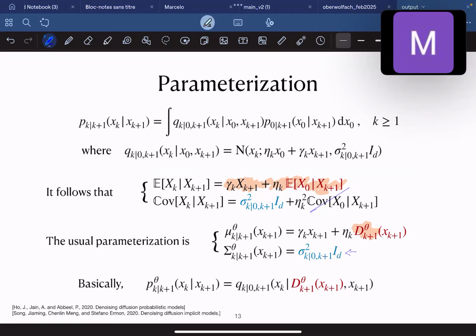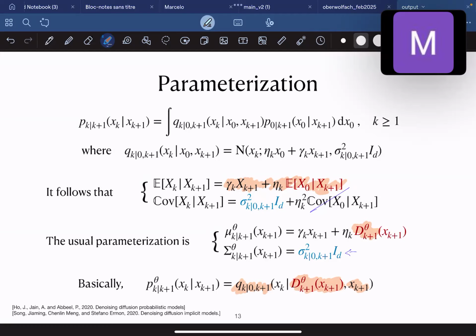So if you do this parameterization, what you make as approximation for the conditional distribution of xk given xk plus 1 is simply equivalent to taking the bridge of your original Markov chain, the conditional distribution of xk given x0 and xk plus 1, and changing x0 in the conditional bridge with the denoiser applied to xk plus 1.